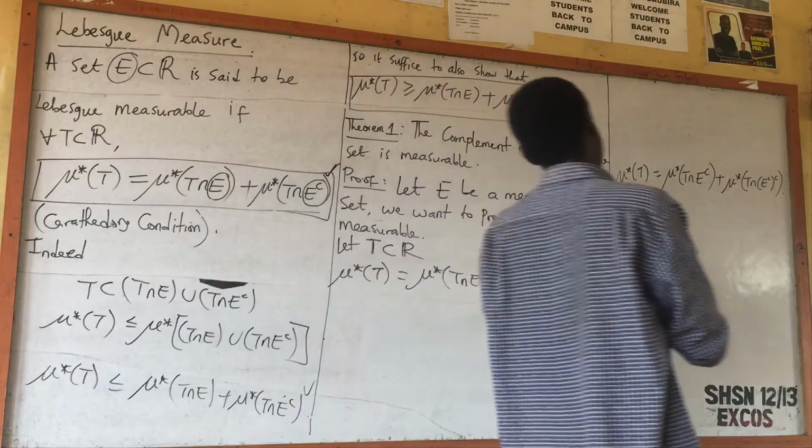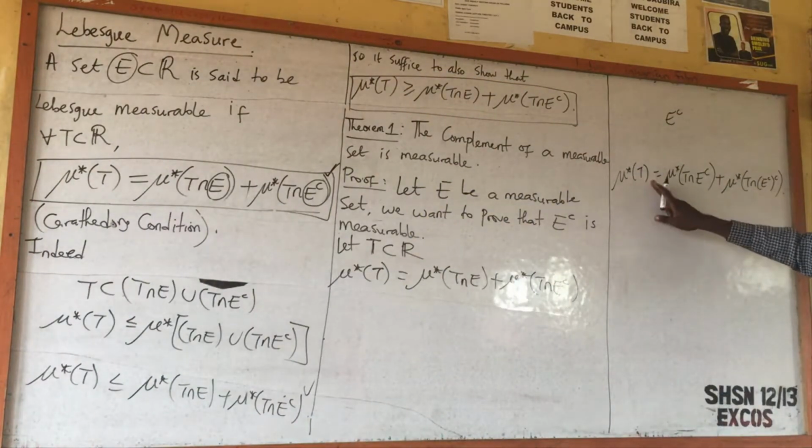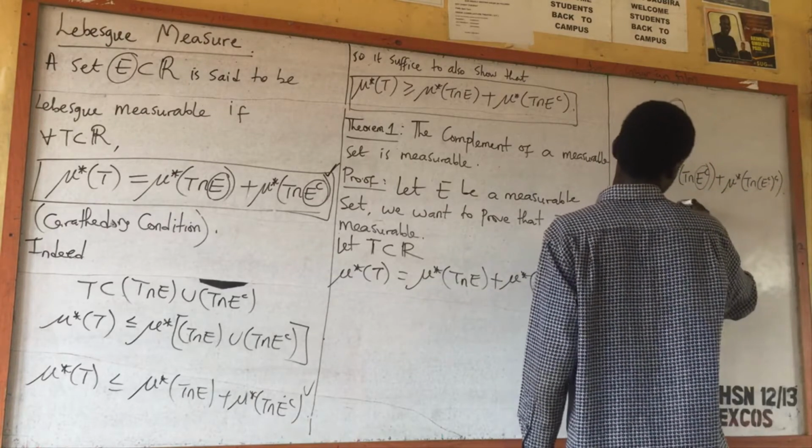So as well, if I want to prove that E complement is measurable, it means that the outer measure of T will be equal to the outer measure of T intersection E complement plus the outer measure of T intersection E complement complement. When you have the complement of a complement, you just have E. So that is what I want to prove.